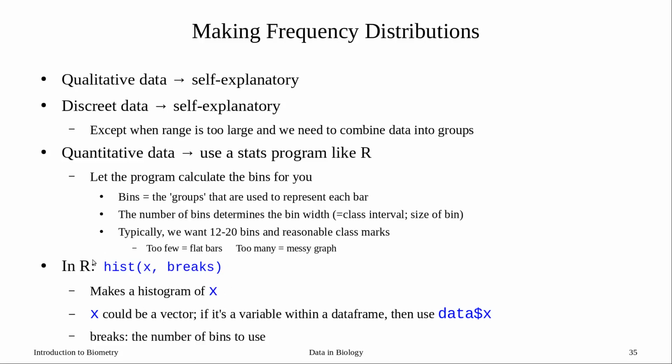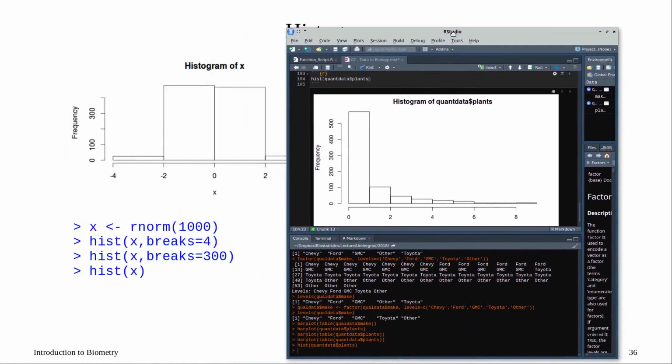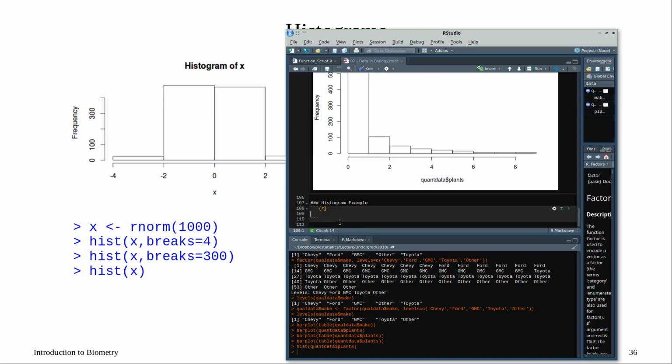So here's the function again. I kind of included it in the script so that we can work with it. So here's our example of a breaks. Here's the code used to generate these different figures. I'm going to generate it here in my Markdown document. So Histogram Example. I'm going to start out with x is our norm.